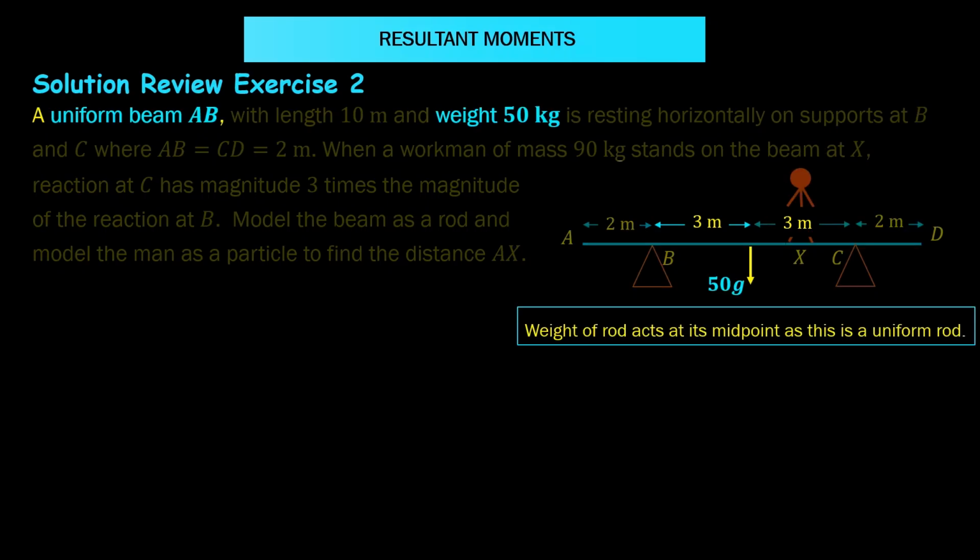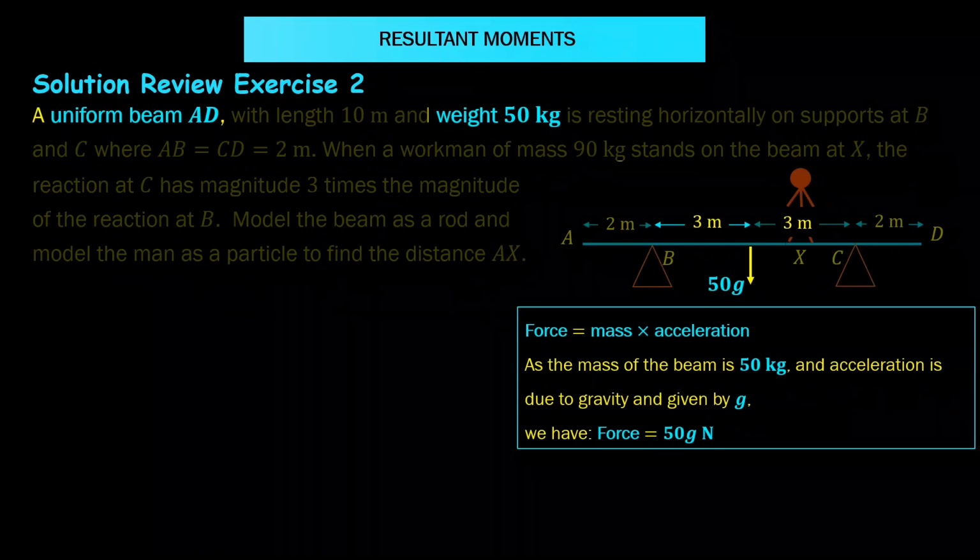So therefore, the weight of the rod acts at its midpoint, since this is a uniform rod, as shown. Notice that since force equals mass times acceleration, and as the mass of the beam is 50 kilograms and the acceleration due to gravity is given by g, we have that the force equals 50 g newtons.